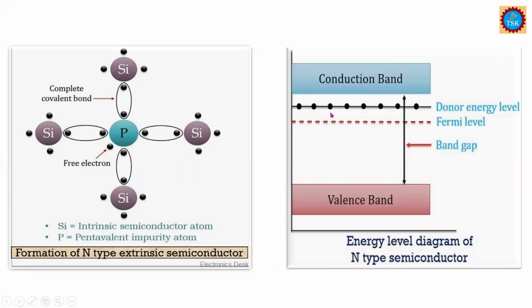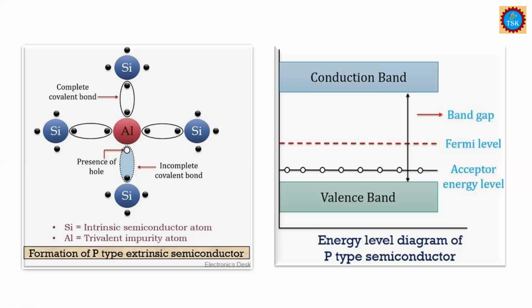Similarly, for an n-type semiconductor we have a donor energy level very close to the conduction band. So we have to remember that the donor energy level is close to the conduction band and the acceptor energy level is close to the valence band. Thank you.